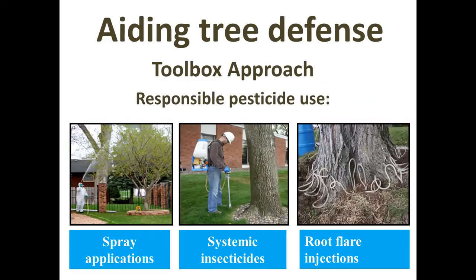And this whole toolbox approach, we call it, for plant healthcare, what we're doing is assisting tree defense where the tree doesn't have the ability on its own to defend against a pest or a fungus attack.